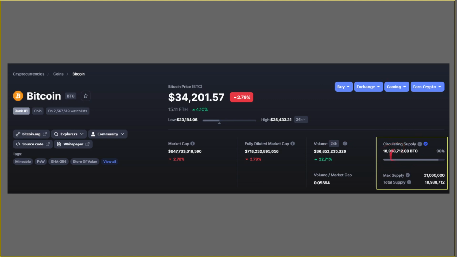Right here, the circulating supply shows that there is about 18,900,000 Bitcoin in total in the circulating supply. This is about 90% of the max supply, which is 21 million Bitcoin.